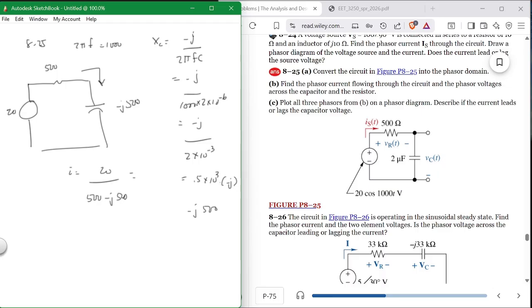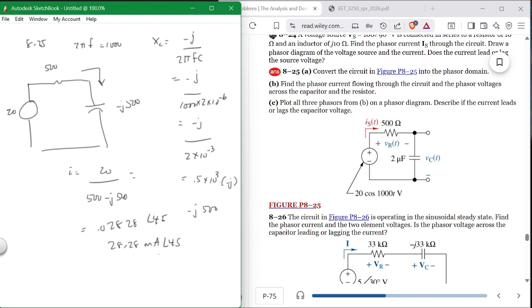It's just 20 divided by, parenthesis 500 minus 500 i, in parenthesis, equals. It's 0.02828 at angle 45, or 28.28 milliamps at angle 45.